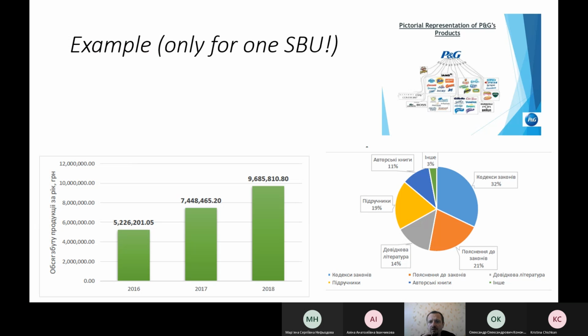So, first of all, I decided to put this picture here because some of you took a diversified company, for example, somebody took a bank, yes, it has activities connected with credits, with insurance, with information technologies.